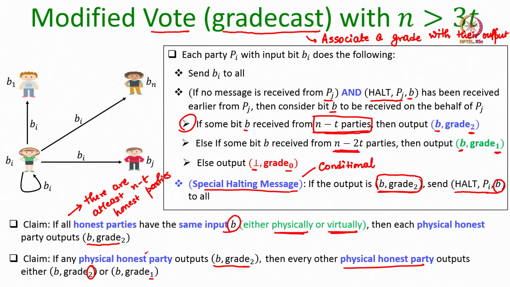if any physical party, say Pi, has output b with grade 2, that means it has received b at least n minus t times from n minus t different parties. Among these n minus t different parties, n minus 2t are honest.